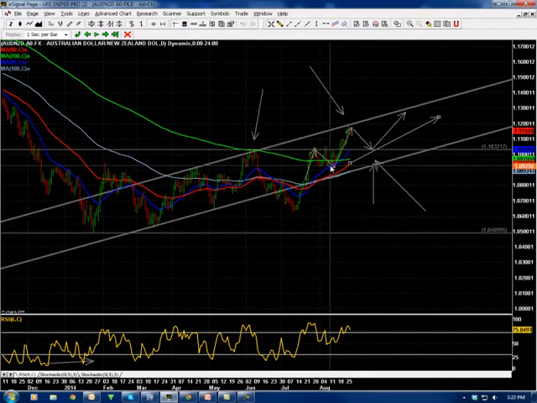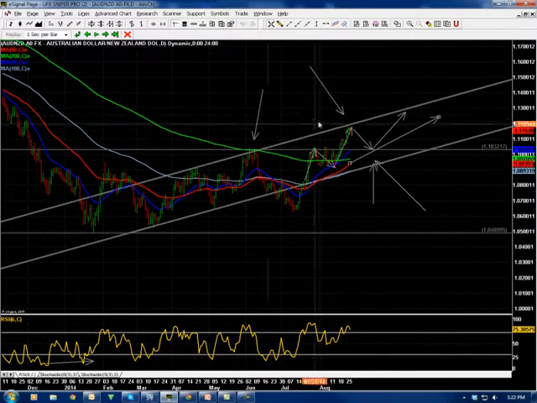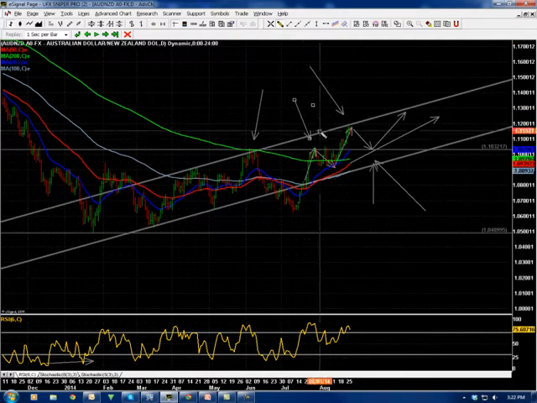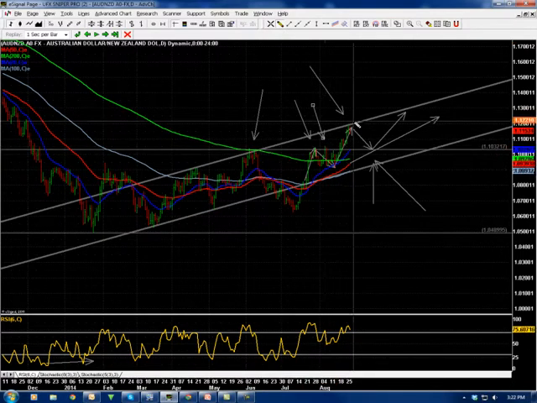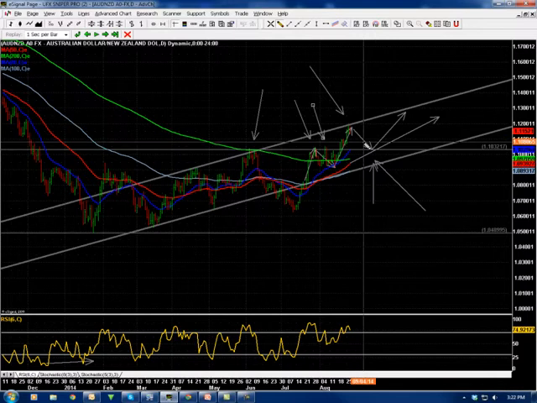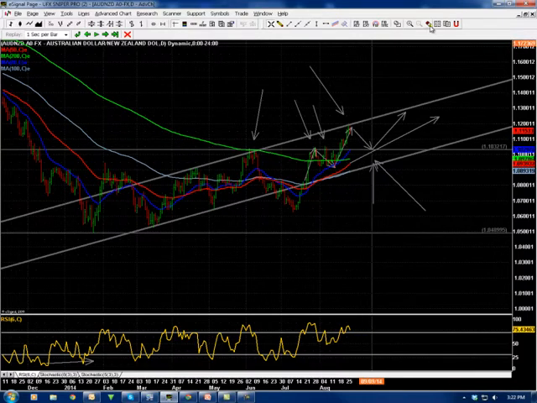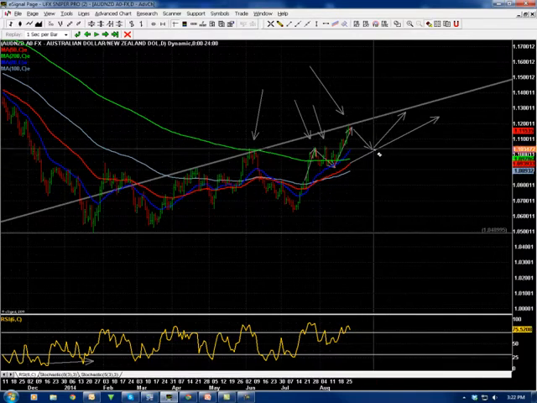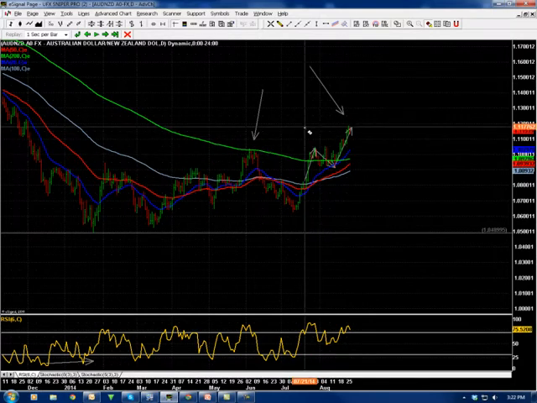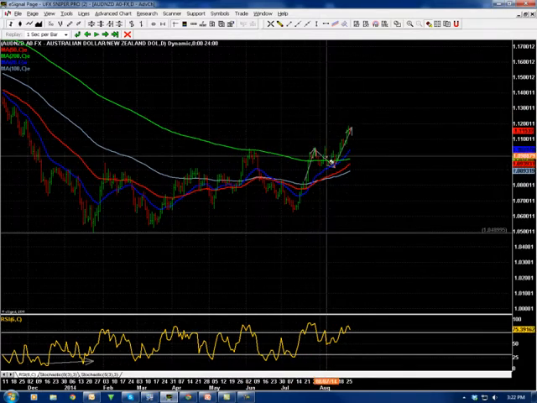Okay, so it'll be higher highs, higher lows, pulls back, the level of resistance becoming support. So resistance, breaking through, becoming support. So this can happen here. But overall we're looking at a move to the upside.